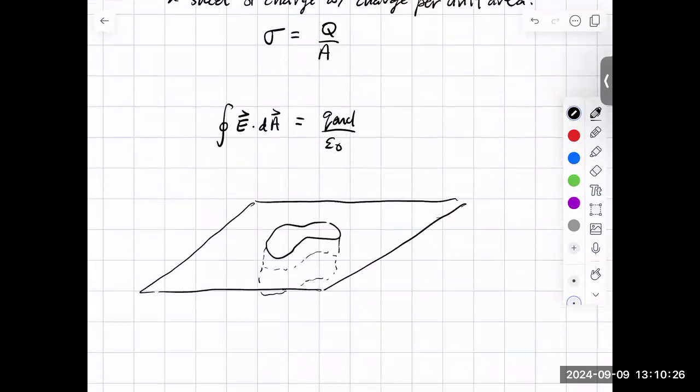If this was, say, the positive plate, we'd have positive charge here, and we would have electric fields pointing upwards above the plates, and then pointing downwards below the plates. So I'll draw a few of those. So there's our electric field.